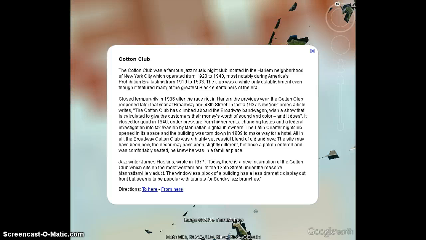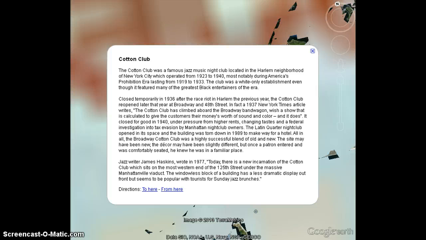Although it was a white only establishment, it was underground, for that matter, because they allowed alcohol and African Americans to perform, which were not publicly enjoyed.